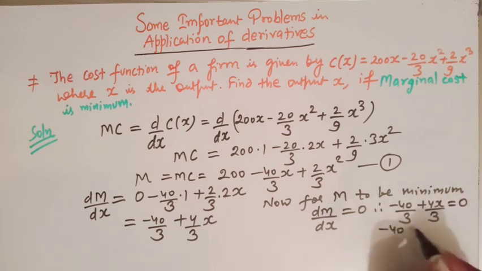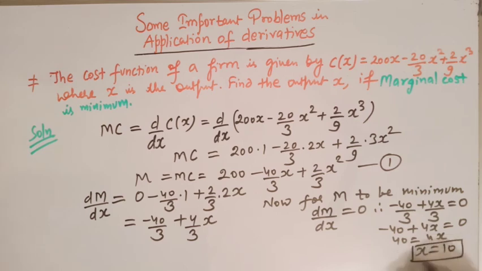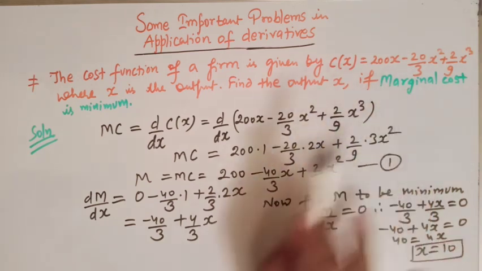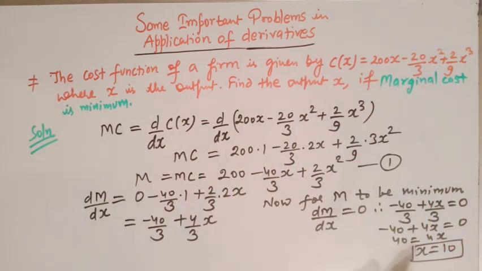So if we solve it, we get minus 40 plus 4x equal to 0. So 40 is equal to 4x, and x is equal to 10, right?